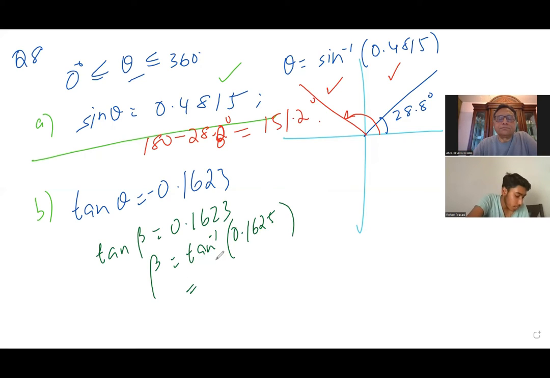I got 9.2. Okay, so that means a small angle 9.2. But you are given negative, which means you want your answer in these two quadrants, correct?